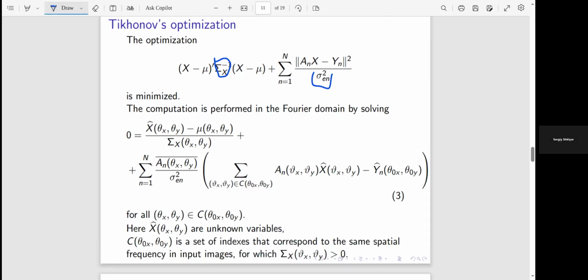For the system we use it, and yes, it should be small. It should be big? Wait a second. Big or small? No, no, no. It should be small.